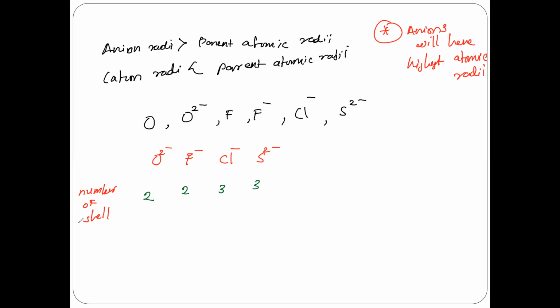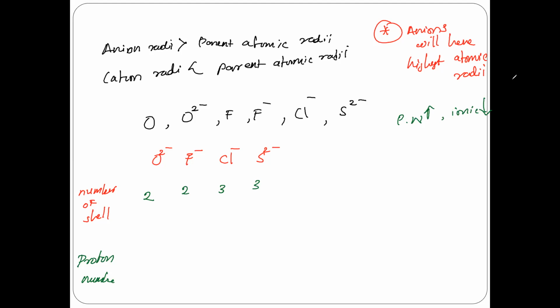So if the number of shells is the same, you go for the proton number. As the proton number increases, the ionic radii will decrease. Why? As the number of protons increases, the electron shielding effect increases, therefore the atom becomes small. So the ionic radii decrease.